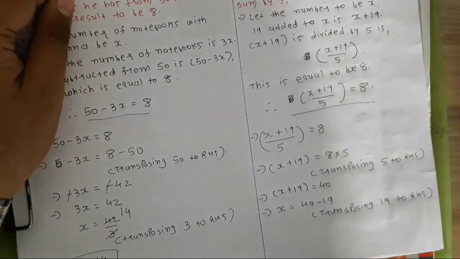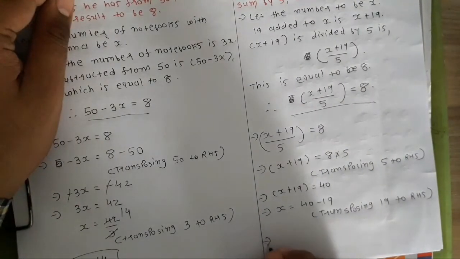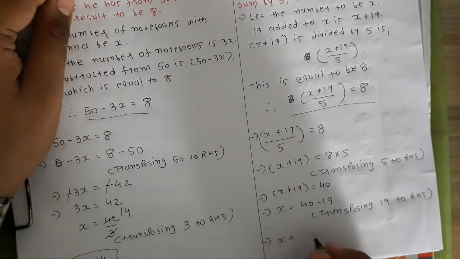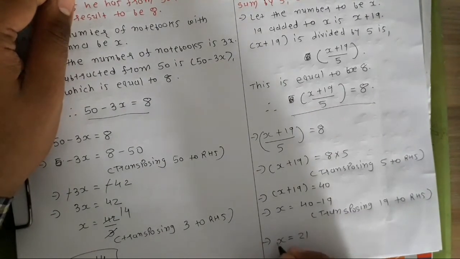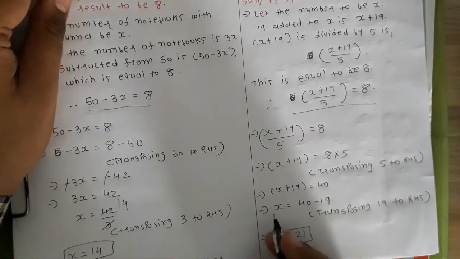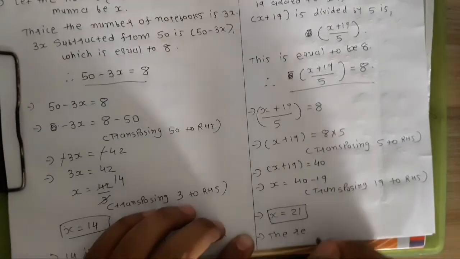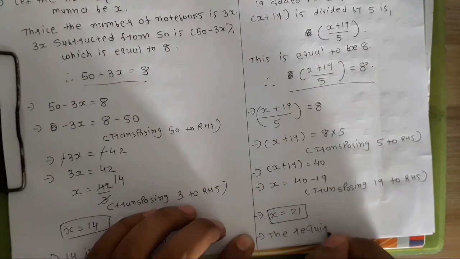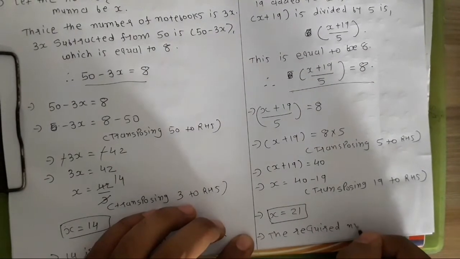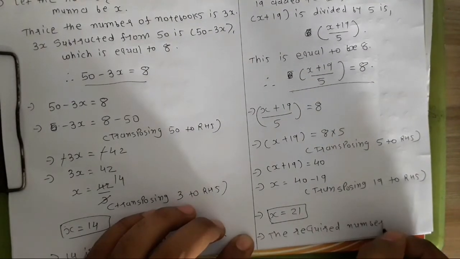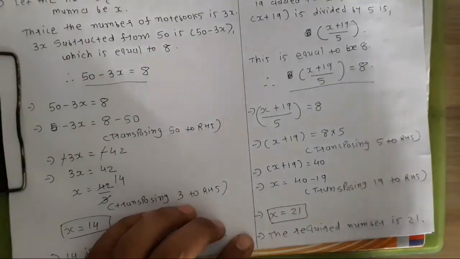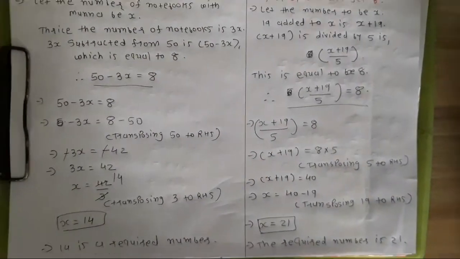Here I can write transposing 19 to RHS, and x is equal to 40 minus 19, I will get 21. So 21 is the required number. So here we can write the required number is 21. So the question is completed.